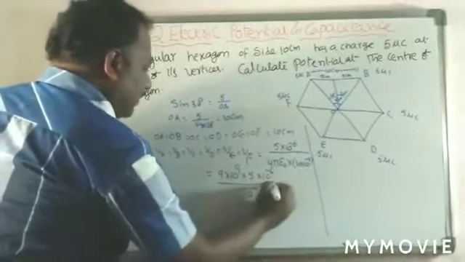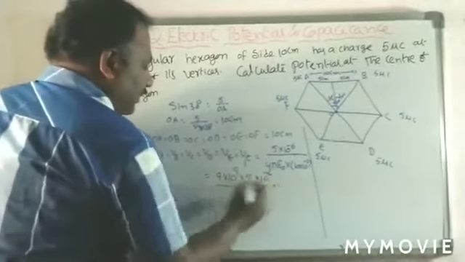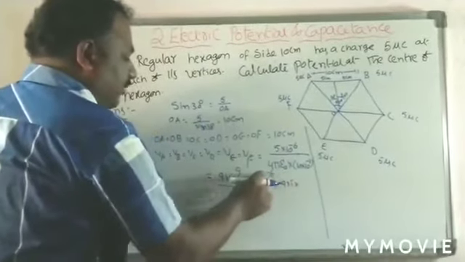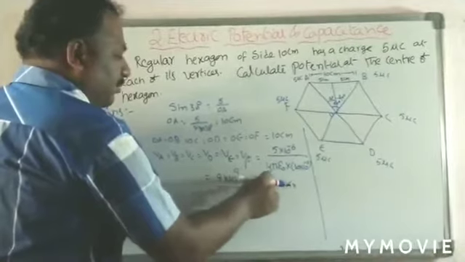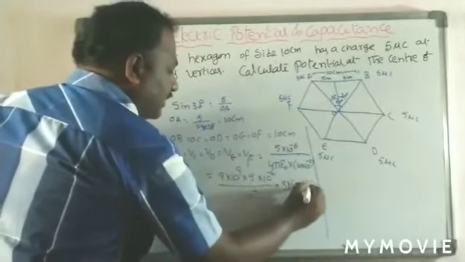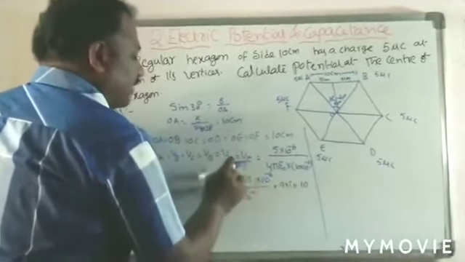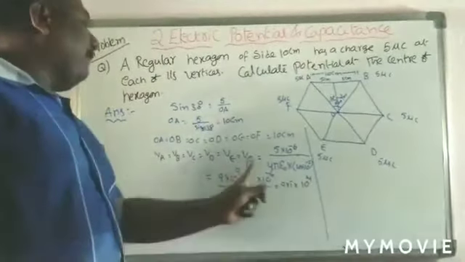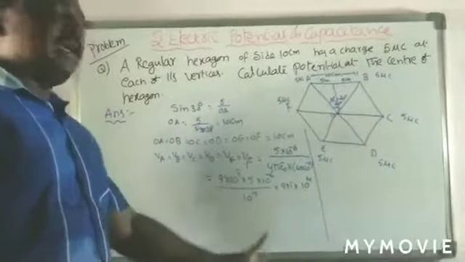By simplifying this, 9 into 5, take this to the numerator, it becomes 10 power minus 5 into 10 power 4. This is 10 power minus 5 into 10 power 9, which is 10 power 4. So it is the potential due to each charge.